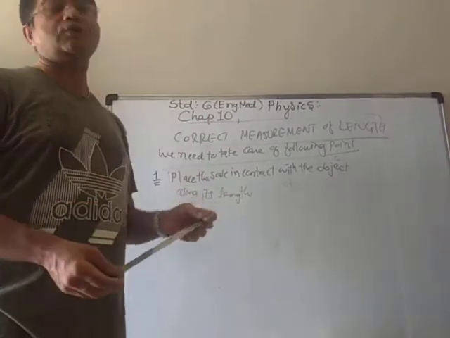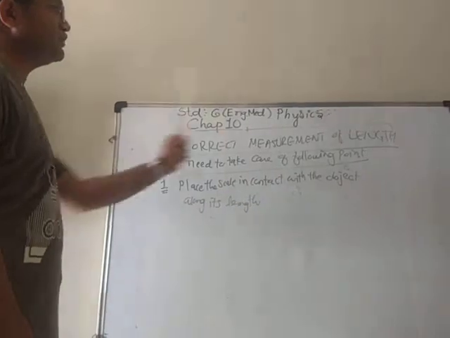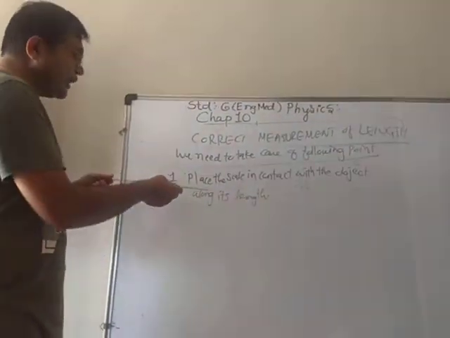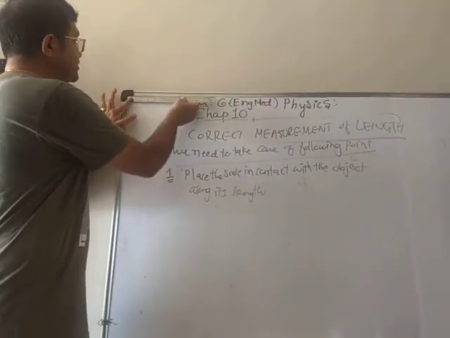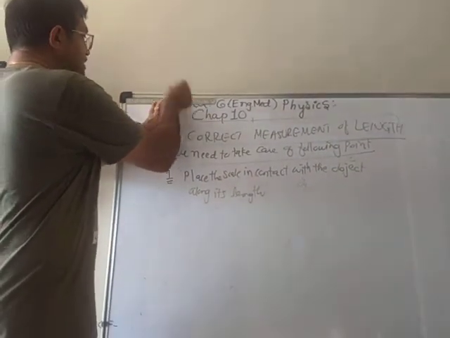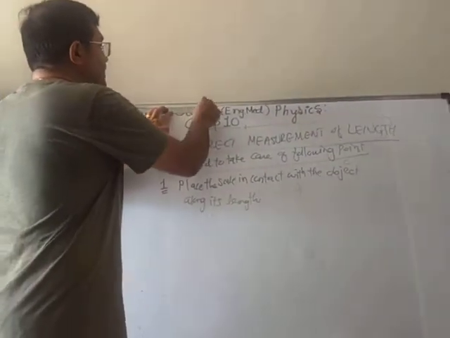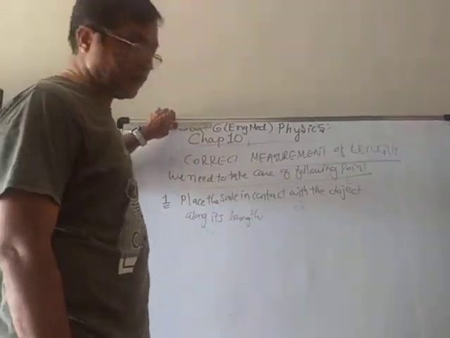Now if I want to measure the length or the height or the width, whatever it is, what will I do? I can't do it like that. It must be in contact. I have to put it like that. Exactly, you have to touch the length. Then I can mark where I reached, and then I can go forward.